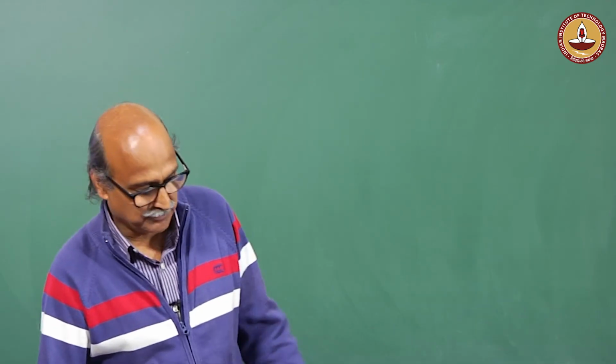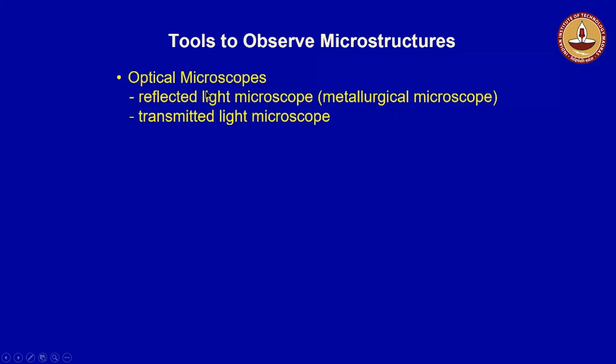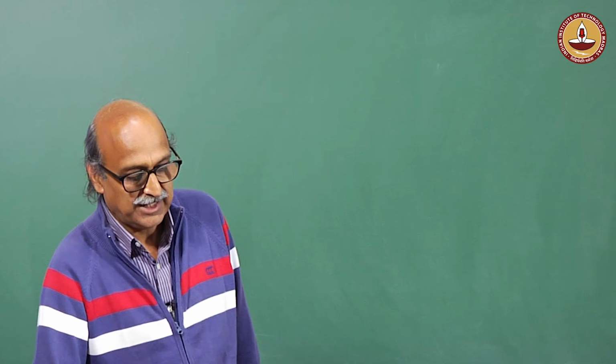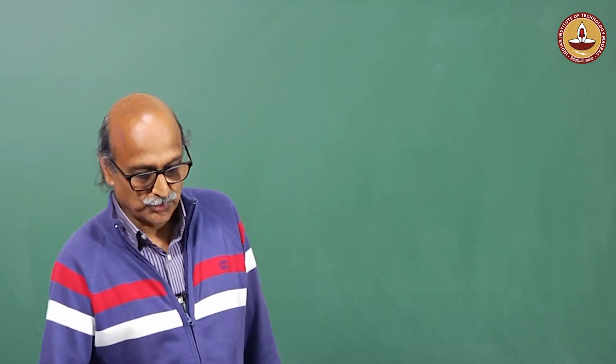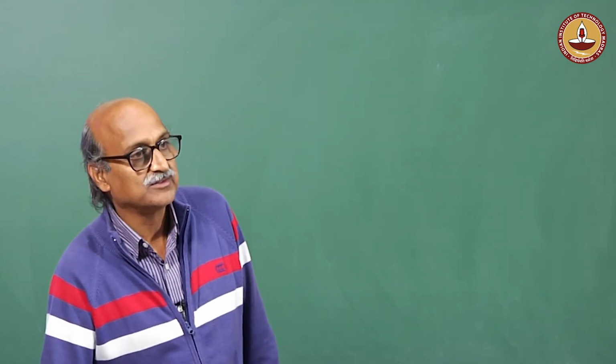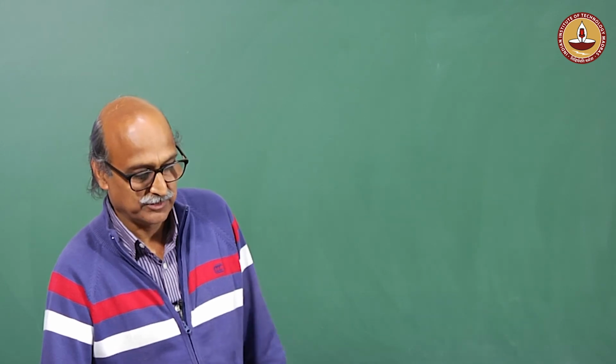I am sure that most of you would be aware of the optical microscope, whether it is a reflected light microscope, which is what we call the metallurgical microscope for opaque materials, and then you have the transmitted light microscope, where the light goes through the sample, which means the sample has to be transparent to light.